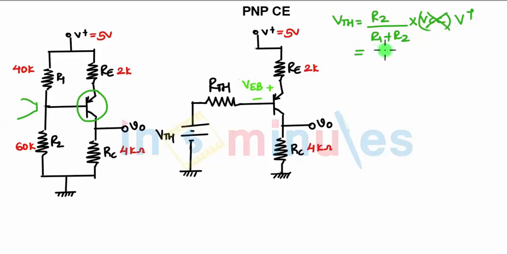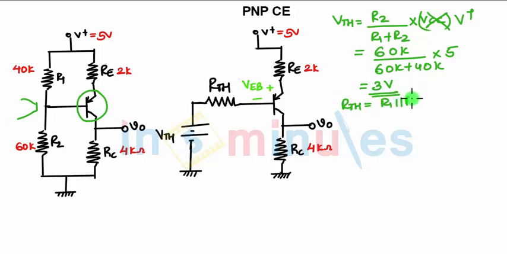So V plus will be 60K upon 60K plus 40K multiplied by 5. So this will give you VTH as 3 volts. Once you know VTH, you can find RTH, which is nothing but R1 parallel to R2. You know how to find it. R1 40K in parallel with 60K will give you 24 kilo ohms.